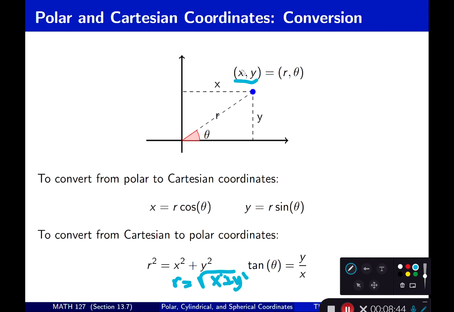And that is coming from this triangle, because this was x, that was y, that was r, and so this is a right triangle, so x squared plus y squared equals r squared. Now how about the theta? The tangent of theta is y over x.